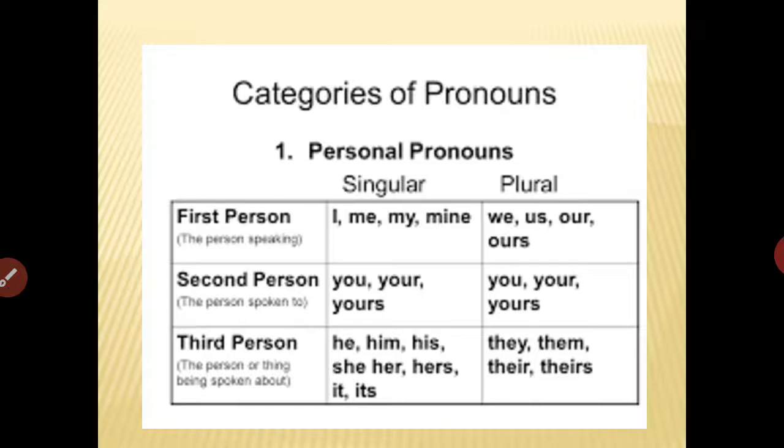Second person: you, yours. Plural: you, your, yours. Now you can see in the second person the singular and the plural are the same. Whether you are speaking to one boy or to 4 boys or 4 girls or many people, the singular form and the plural form of the second person will be the same.